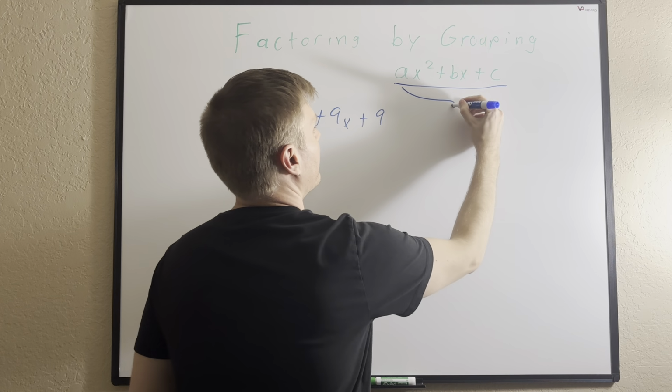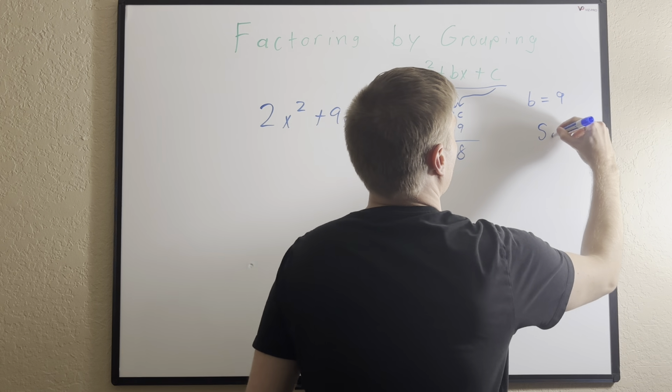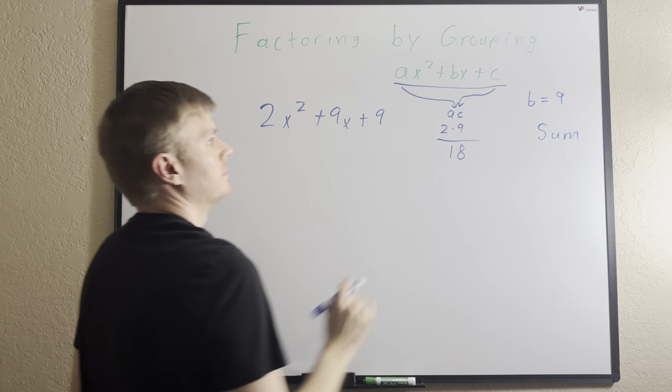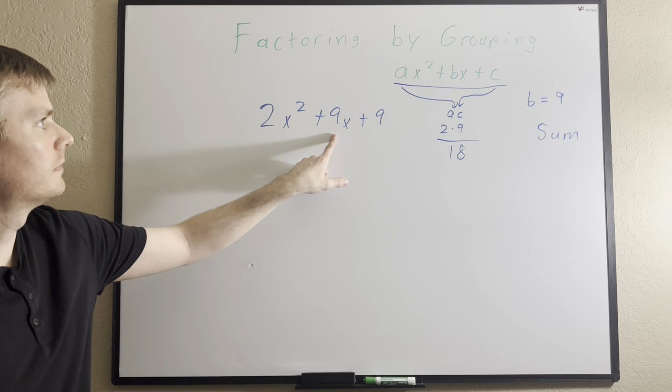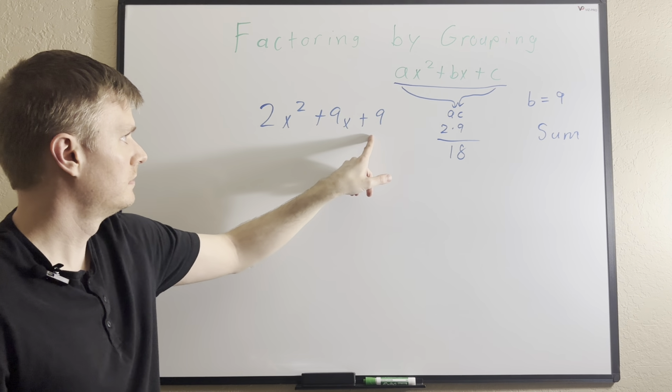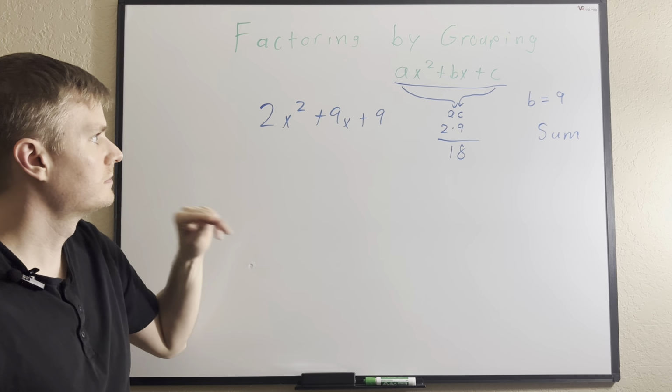And this time, we're going for the factors of AC, not just C. And we're going to look for those factors that add up to be B, which in this case is 9. Positive 9. Includes the sign in front of it.